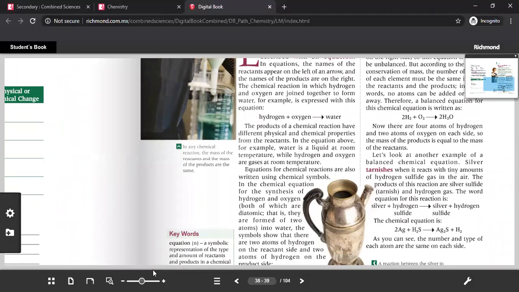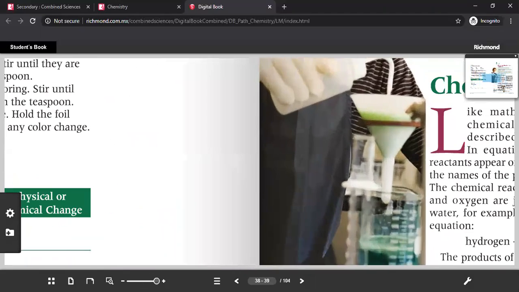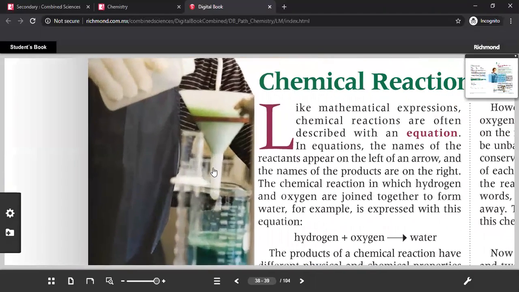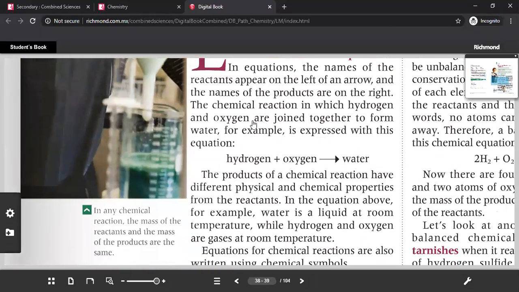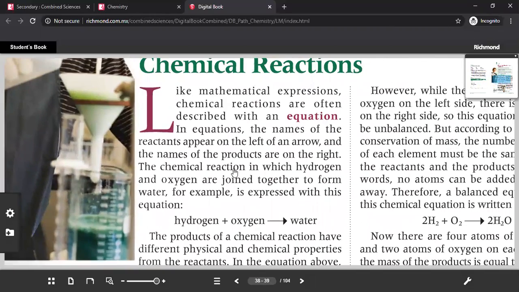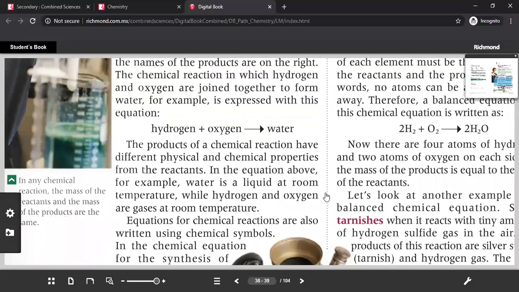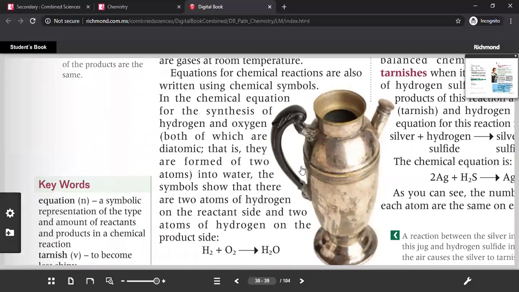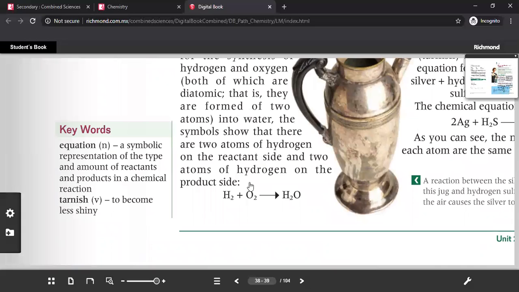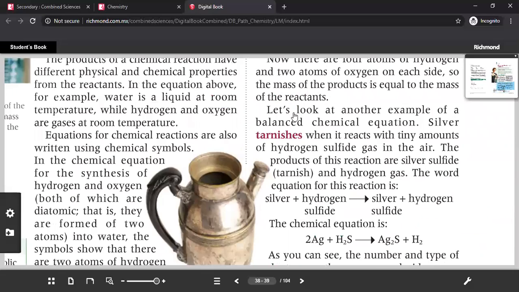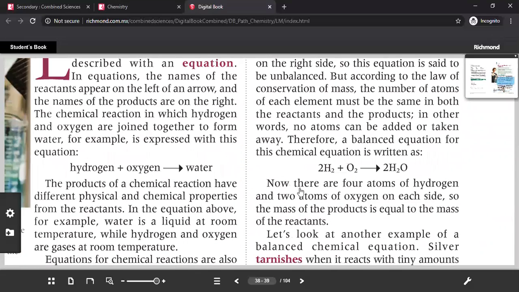First though, we did talk about balancing chemical reactions, right? So we said, for example, that when we mix hydrogen and oxygen, we obtain water, and the chemical formula is right here before we balance the formula, and after we do balance the formula, we obtain what we have right here.